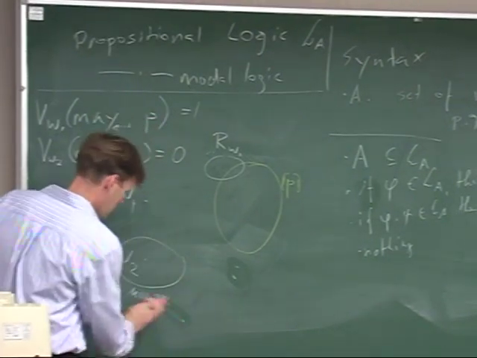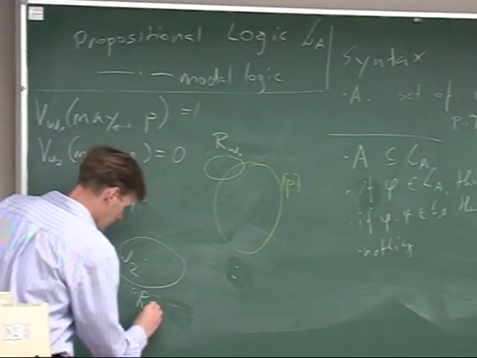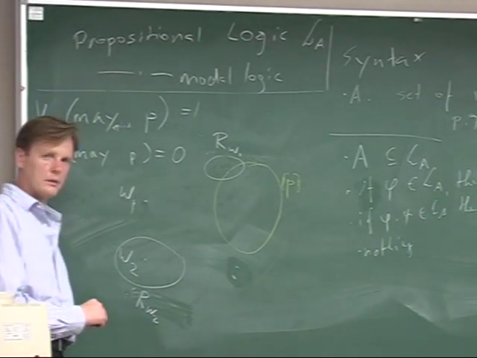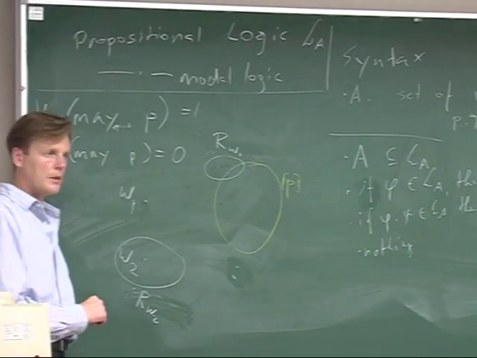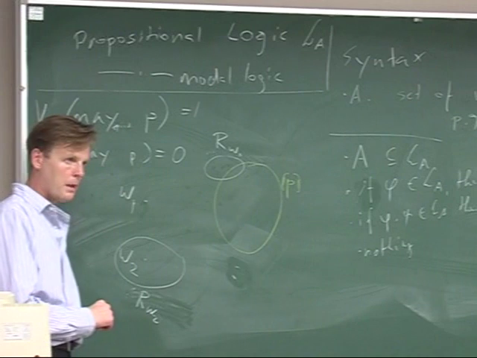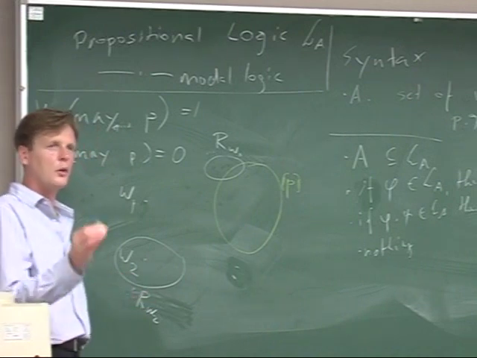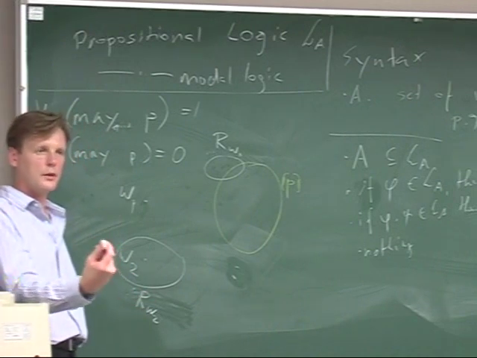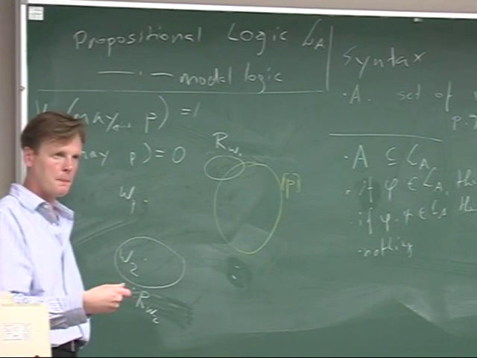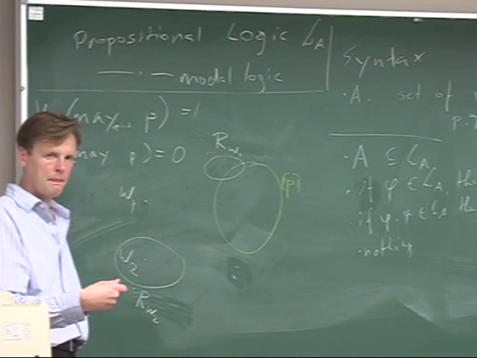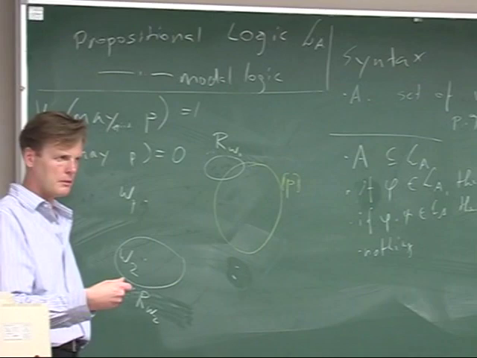And we have R(W2) down here. Both of these are sets of worlds. R is the thing which, when given a world, gives you a set of worlds. Is that clear?